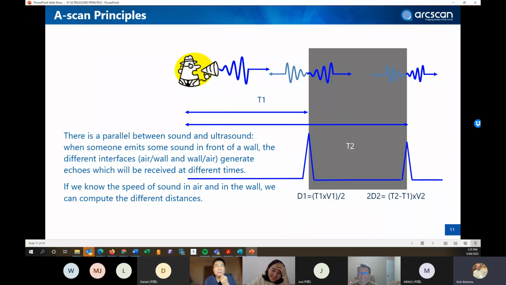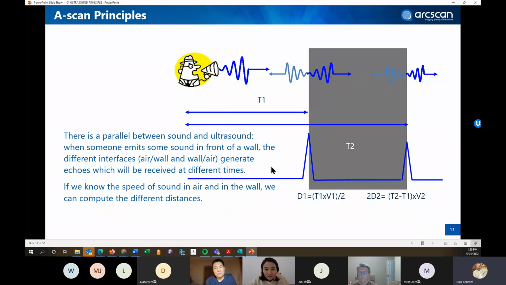In this case, the ultrasound piezoelectric probe will emit sound, but at the same time it is listening. Every time a sound wave hits something, it comes back and tells you, I found something, but it continues.